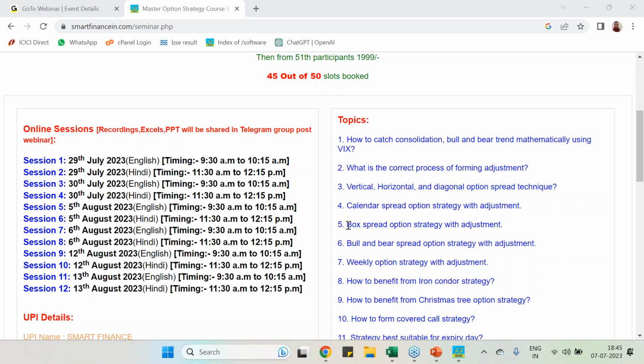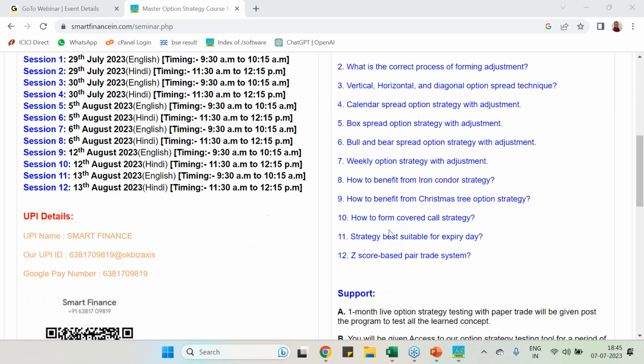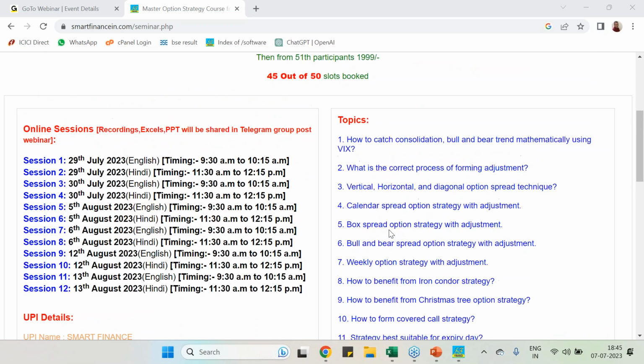Box spread, bull bear spread, all these spreads I am going to teach, 12 spreads including Z score and vertical spread, horizontal spread, diagonal spread, VIX score. You have seen one small part of VIX, how to catch the consolidation, bull bear trend. Thoda in details you will understand.